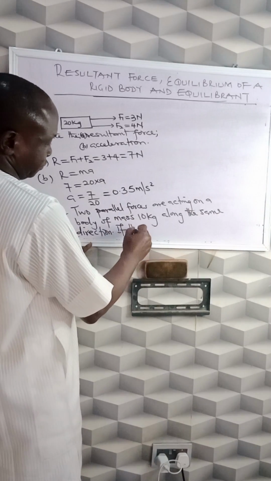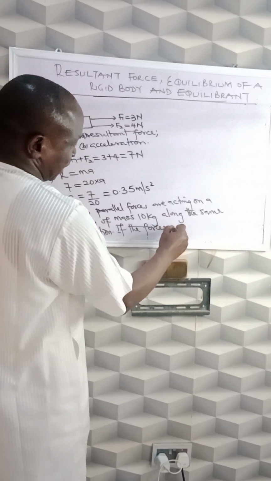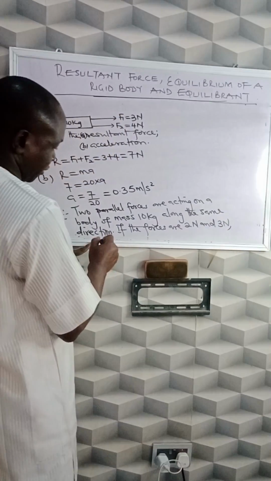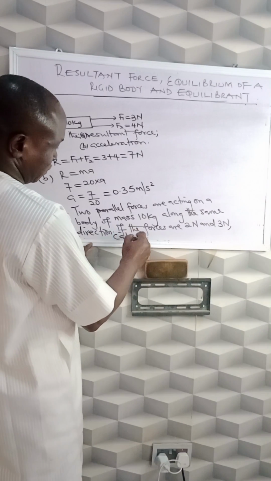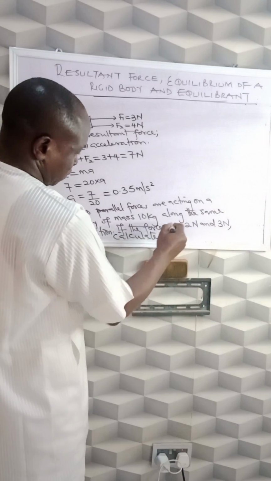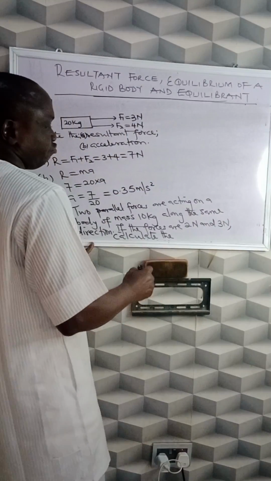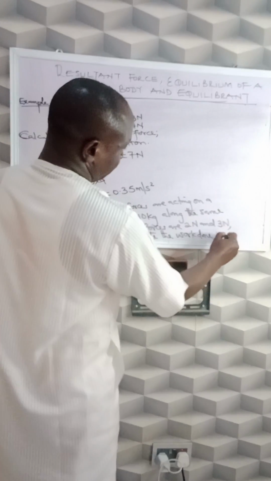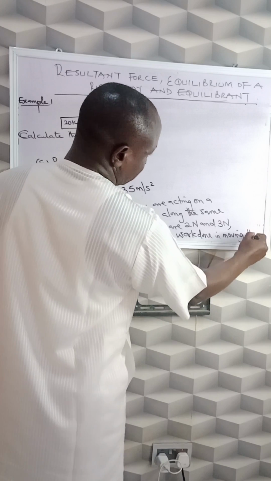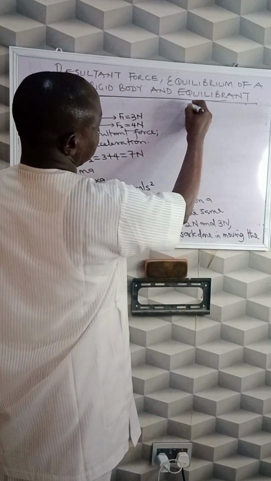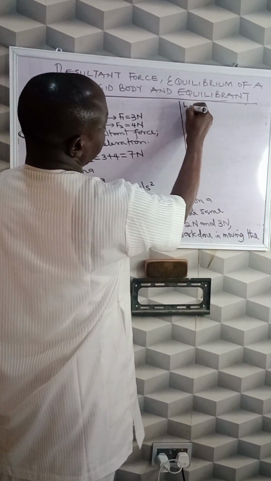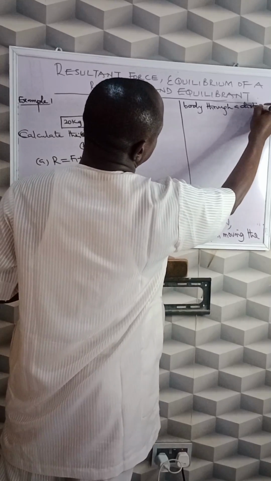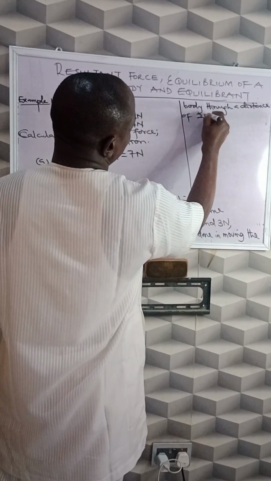If the forces are 2 Newton and 3 Newton, calculate the work done in moving the body through a distance of 20 meters. We have to calculate the work done.